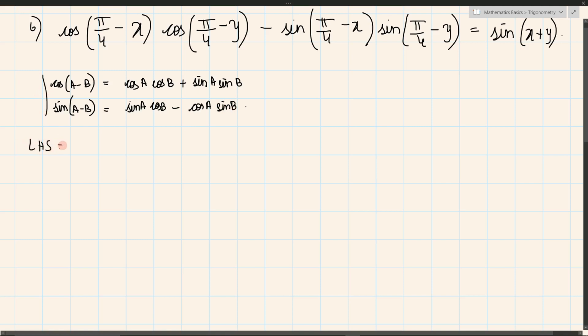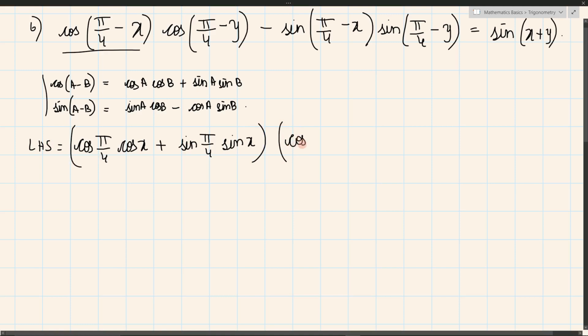So LHS will be equal to, first, let's take these terms. Cos of A minus B will have cos A, that is cos of pi by 4, into cos B, that is cos x, plus sine pi by 4 into sine x, multiplied by, again we'll have cos pi by 4 into cos y plus sine pi by 4 into sine y.